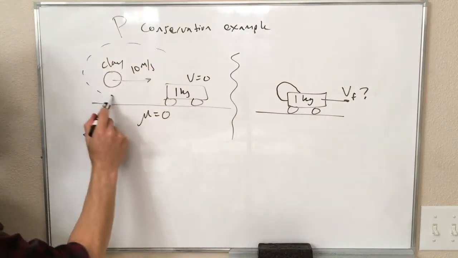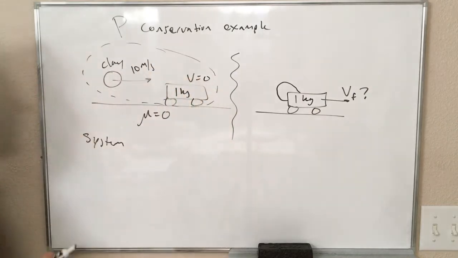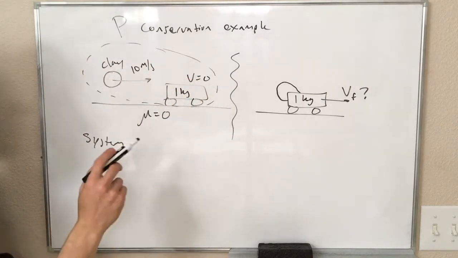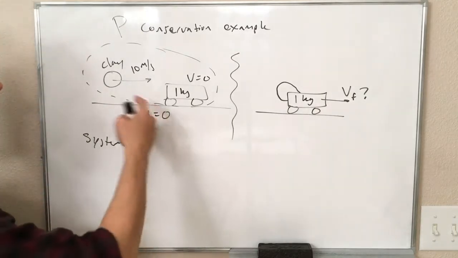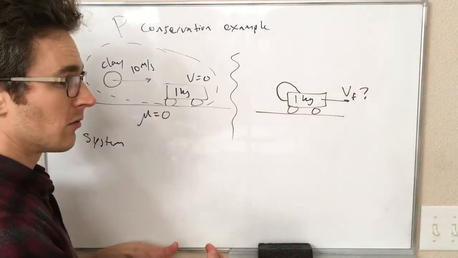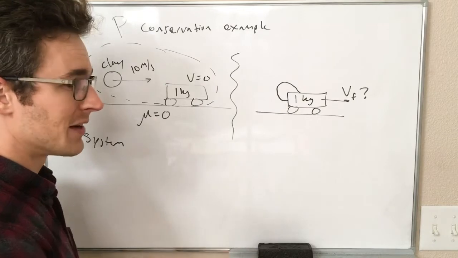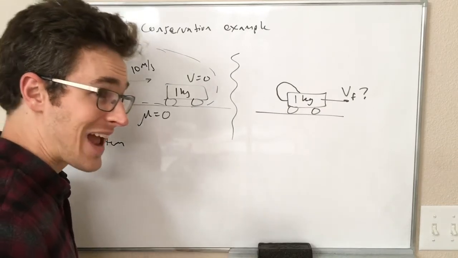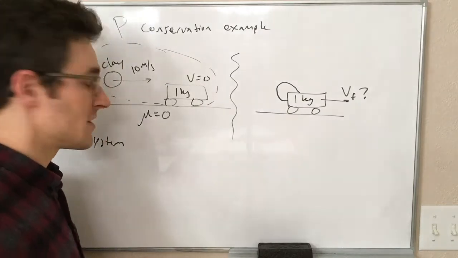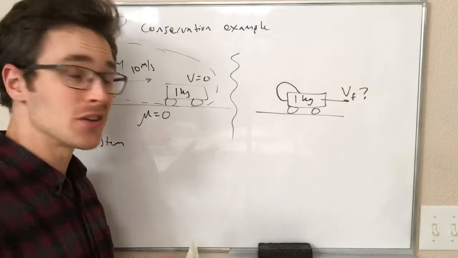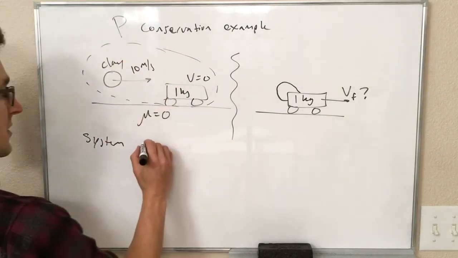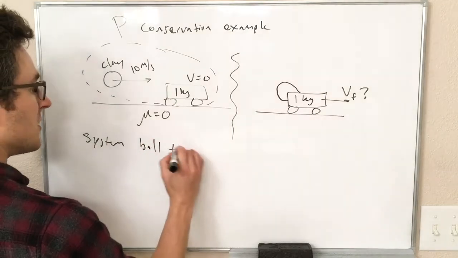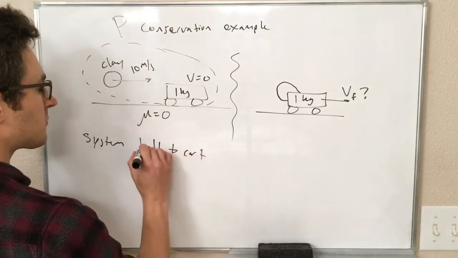If we look at the system of just the ball, then there is an external force on the ball, right? When the ball hits the cart, the cart pushes back on the ball, and that is a force external to our system. Momentum is not conserved.